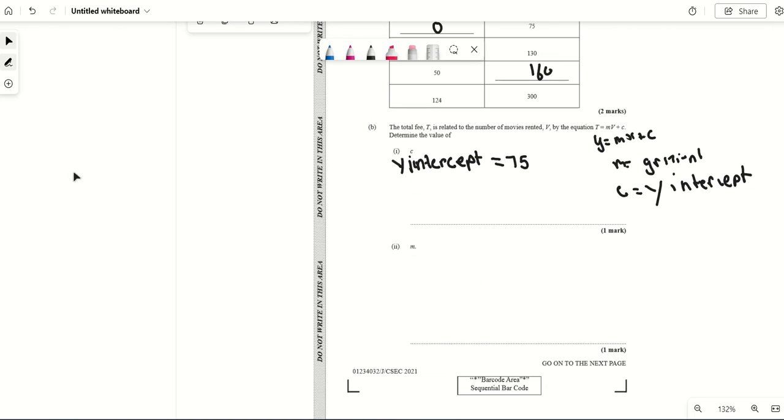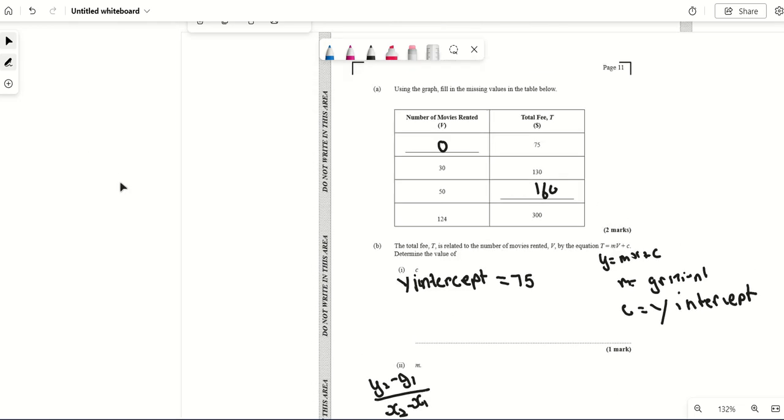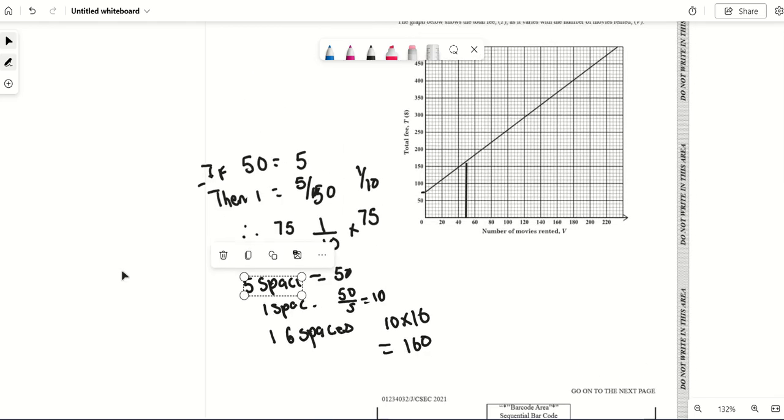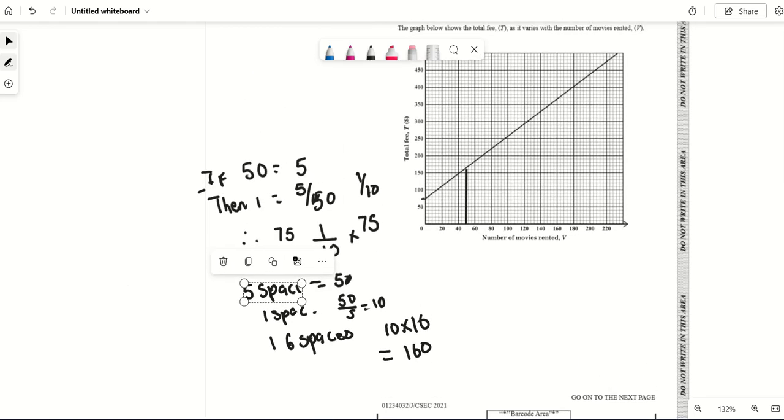That is easy. Your gradient is y2 minus y1 over x2 minus x1. When we look at our graph, I'm going to use this line here, which is 0, 75, and this point right here, which is 180, 400.